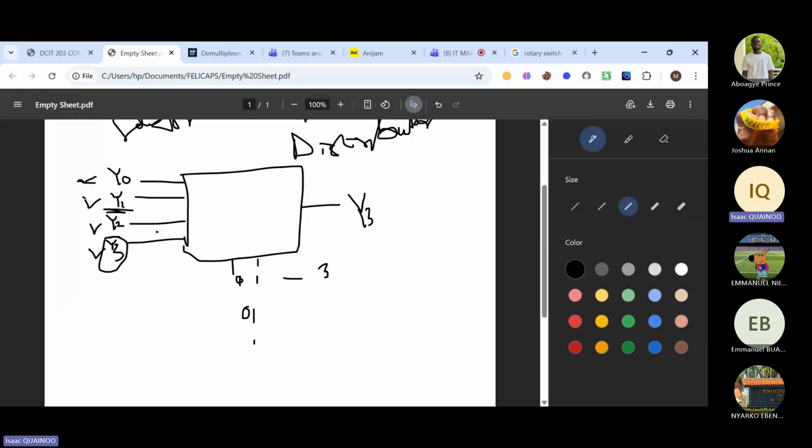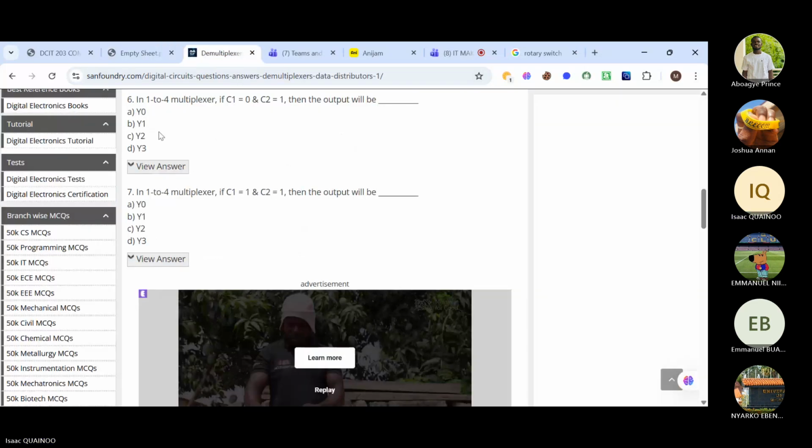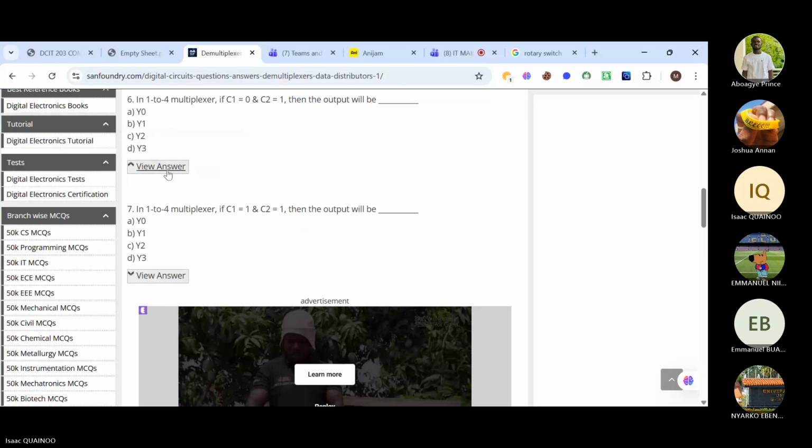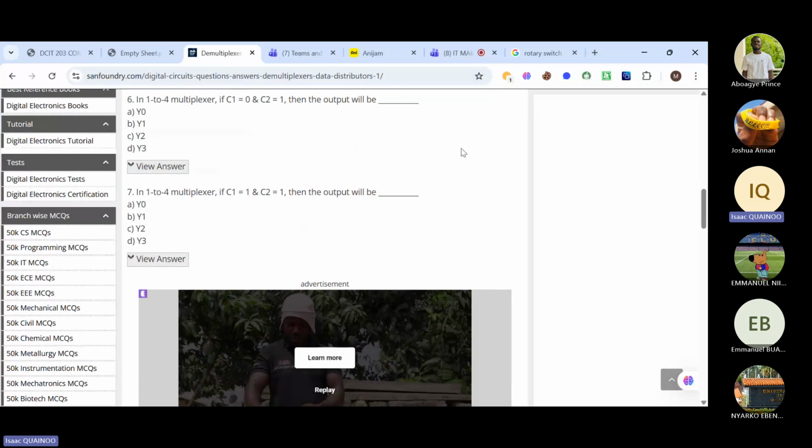Here is data line 0, here is data line 1, which is Y1. Please, do you all agree with that? Yes, sir. Okay.